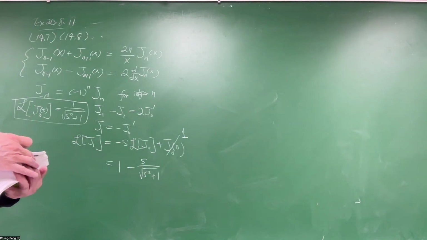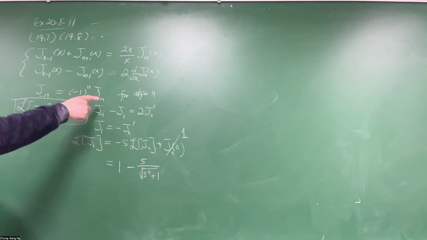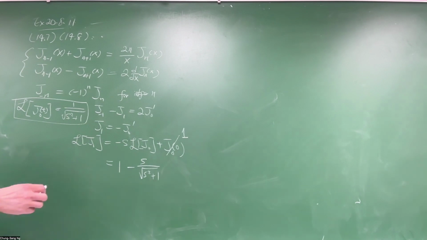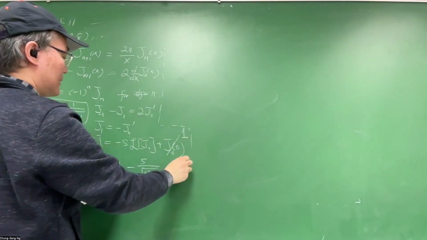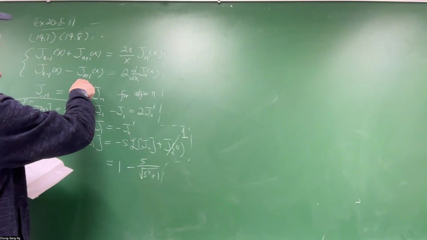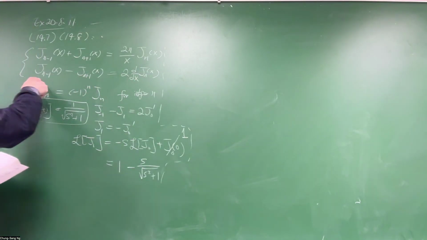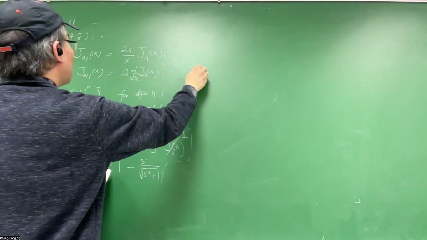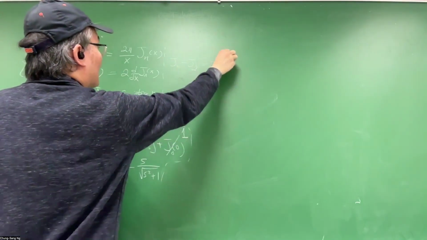Then obviously you can keep doing that, because now you can write down the next one. Let's do one more explicitly and see if we can find a pattern. So you want J sub 2. If n is 1, then it's J sub 0 minus J sub 2 equals 2 J sub 1 prime.